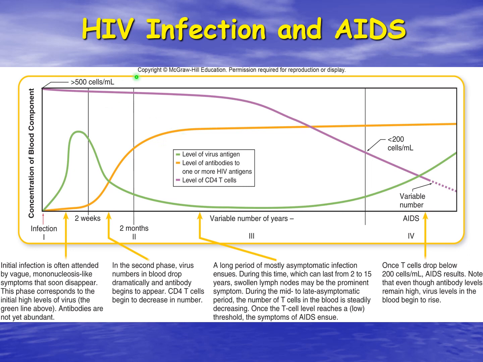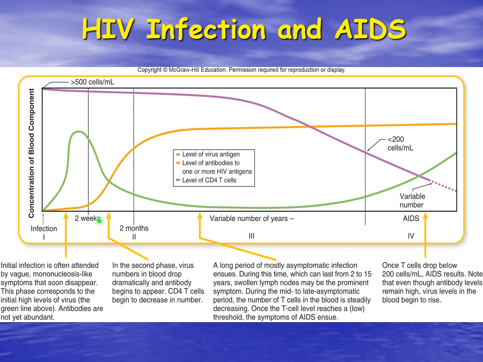The purple line is the level of T helper CD4 cells. In the second phase, the virus number in the blood actually drops, and the reason for this is that now they have infected the cells, not because they've been cleared out by the immune system, and antibodies begin to appear.